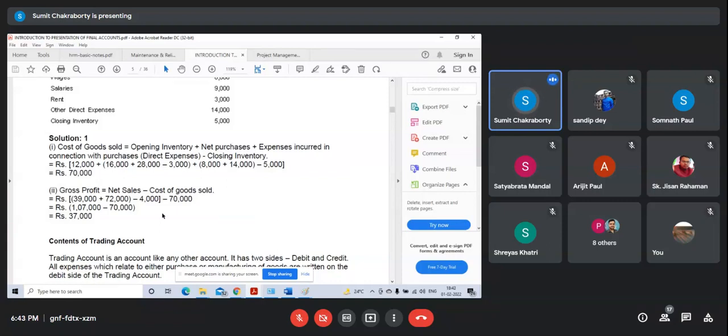Direct expenses: wages 8,000, cash 14,000, minus closing inventory 5,000, so 70,000. Now gross profit equals net sales minus cost of goods sold. Net sales equals cash sales 39,000, credit sales 72,000, minus 4,000 sales return. So net sales minus 70,000, the cost of goods sold, we get 37,000.